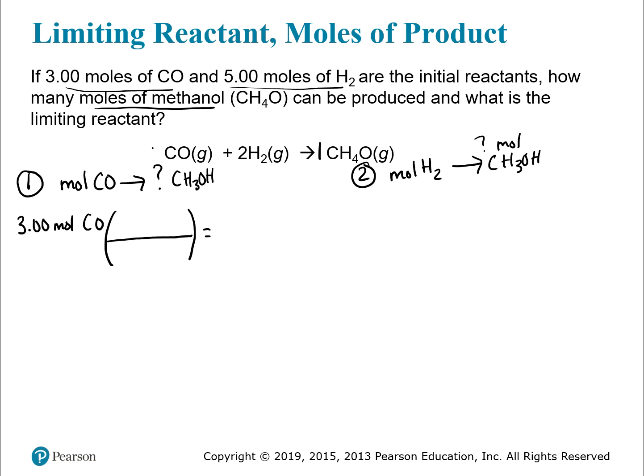Remember that there's a 1 in front of these compounds that don't have a coefficient. So our mole-mole ratio here will be 1 mole of methanol for every 1 mole of carbon monoxide. So that means we make 3 moles of methanol.